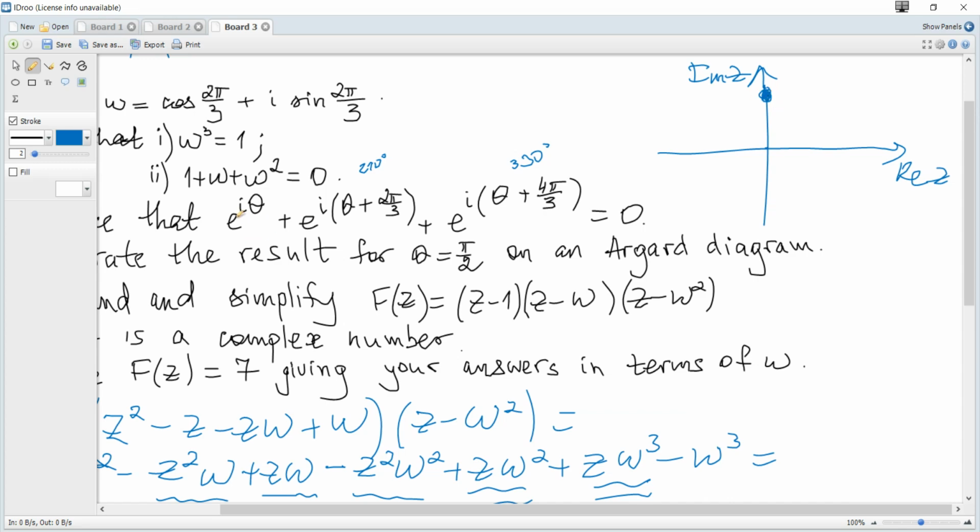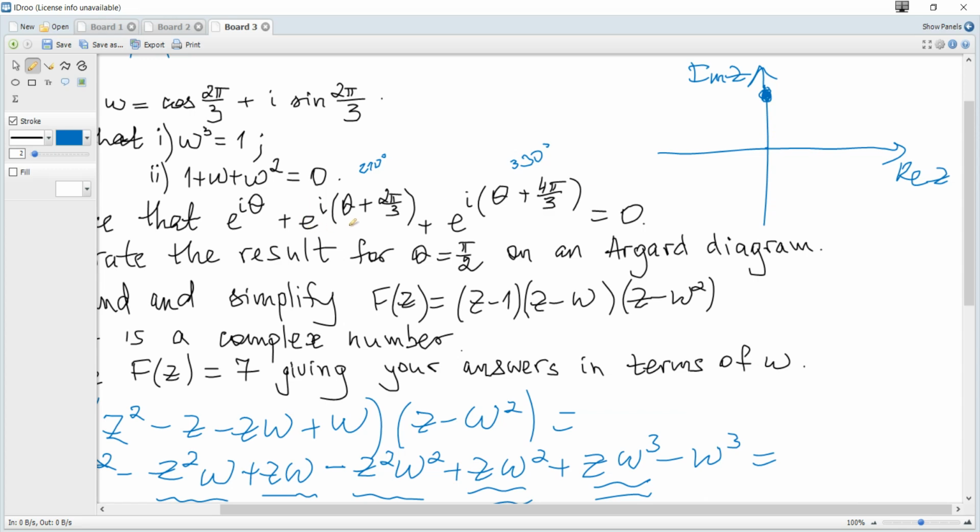Or it's just 1 cosine pi over 2 plus i sine pi over 2, it's 0 plus i1, so this distance is 1, and e to the power of i pi over 2 is represented here.